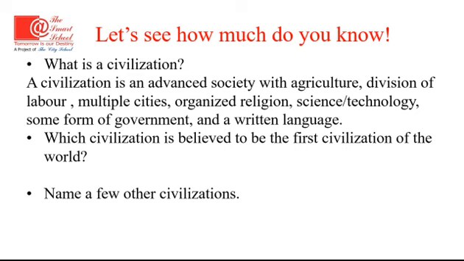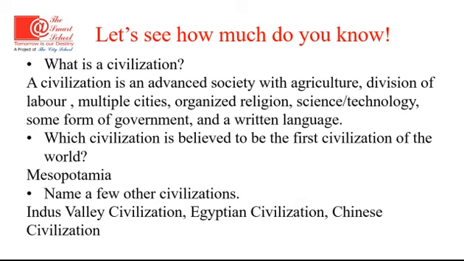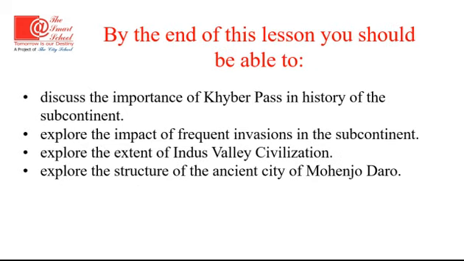Now, which civilization is believed to be the first civilization of the world? Yes, it is Mesopotamia. Can you name a few other civilizations of the world? Indus Valley civilization, Egyptian civilization, Chinese civilization, and many more.